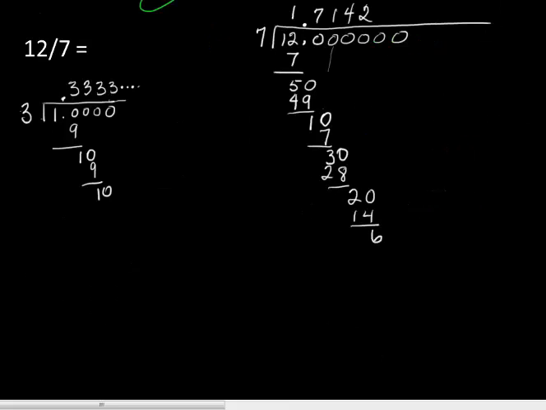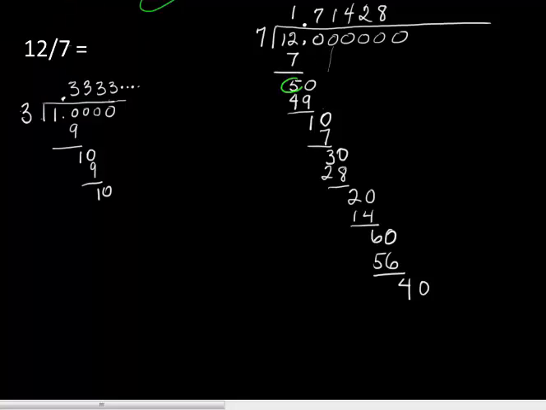So we keep going. Bring down 0. 7 times 8 is 56. It goes in 8 times. Subtract, we get a remainder of 4. Bring down the 0. Well, now how long is this going to last? I mean, when are we going to get a repeating part? To see this, let's circle the remainders that we have here.